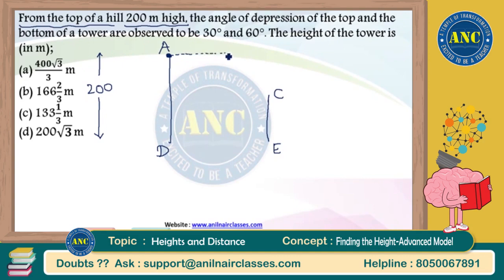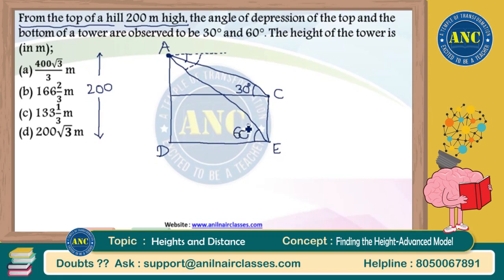If I draw a horizontal line here, the angle of depression to the top of the tower, this particular angle, is 30 degrees. That means this angle C is 30 degrees. Similarly, the angle of depression to the bottom of the tower is 60 degrees. That means angle E with respect to the level ground is 60 degrees.